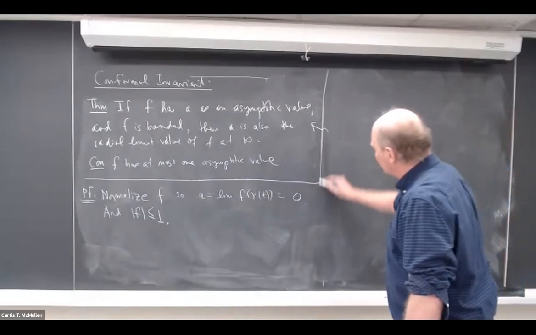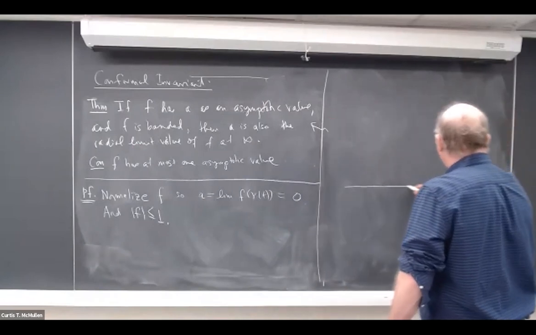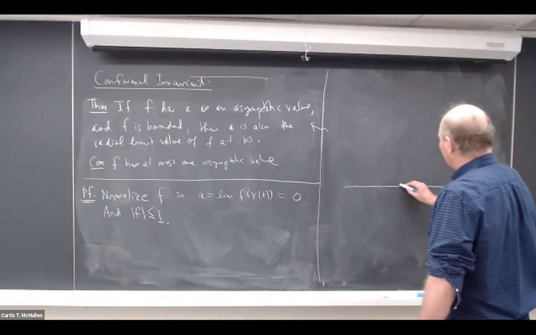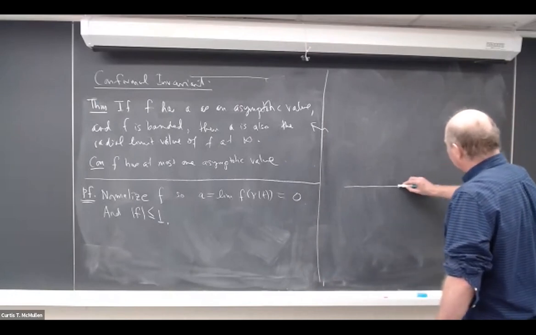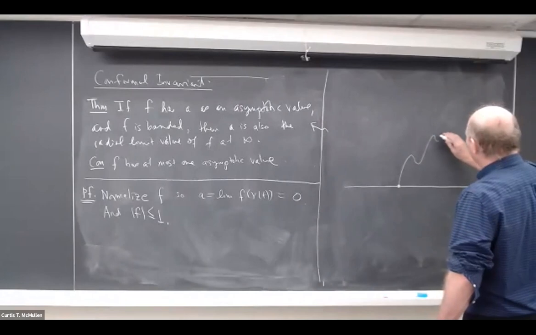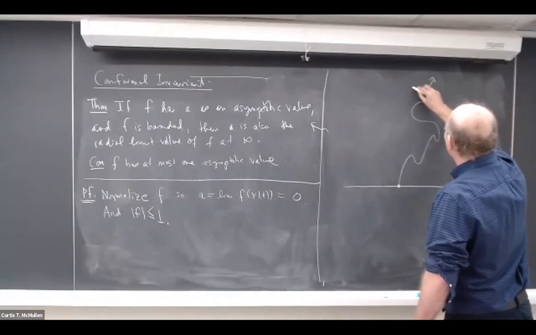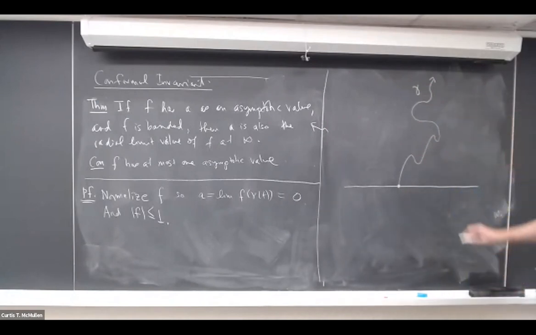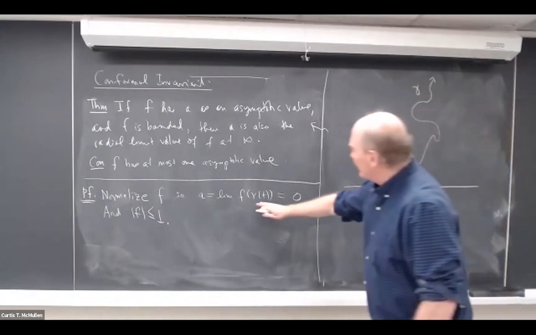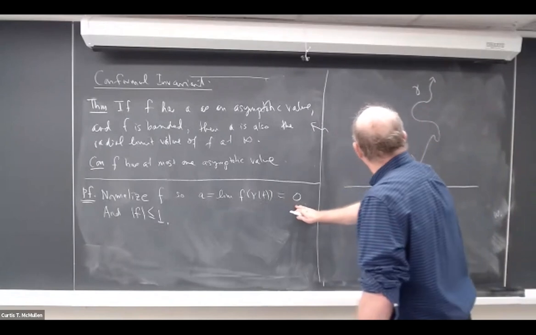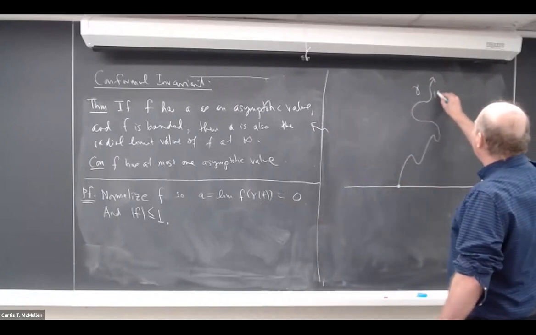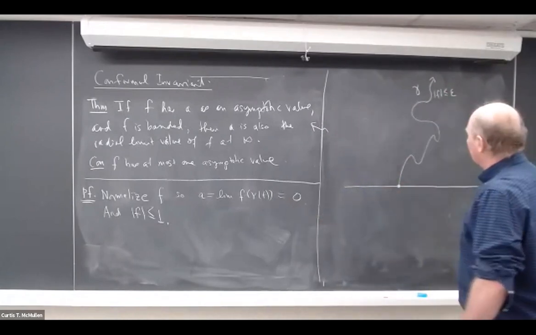Okay, so now everything comes down to a picture. Let me draw a picture that I think is fairly persuasive. So here's this path gamma going to infinity, and eventually f is small on this path. Let's assume that f is less than or equal to epsilon here.